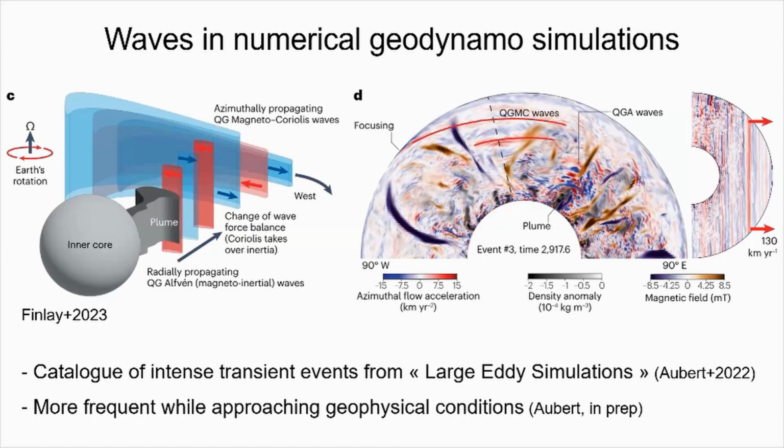We have not yet found the QG alpha waves directly from magnetic data. I must stress that the speed of this wave is much faster than the fluid velocity. The fluid perturbation here is 5, maybe at most 10 kilometers per year, while for the outward and westward propagation we speak of 1,000 kilometers per year. So that's 100 times bigger.